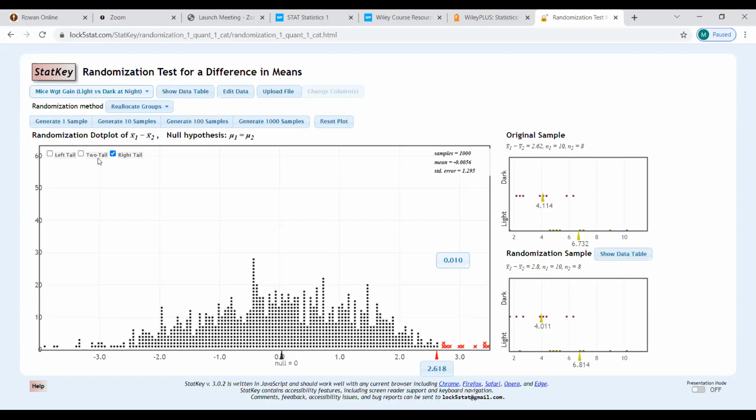Hopefully it's there. And you can play around with this. You can come up with different numbers of samples. You can come up with a different alternative hypothesis, things like that. You can always play around, right? Can't break it, okay?